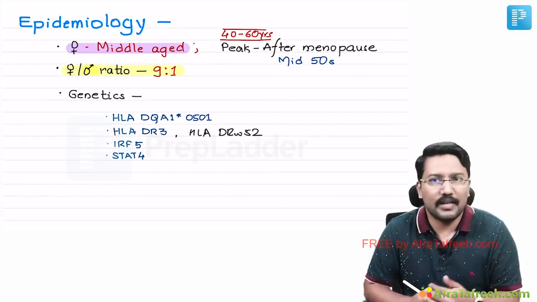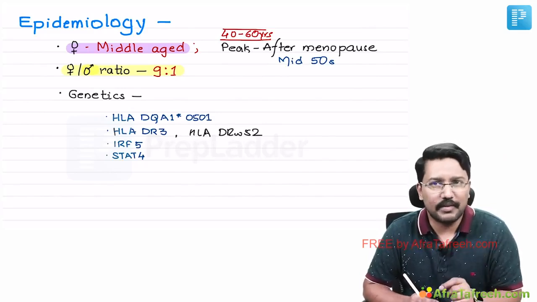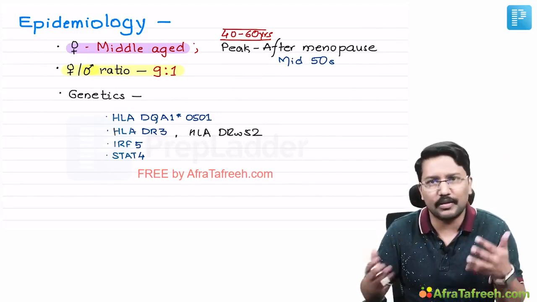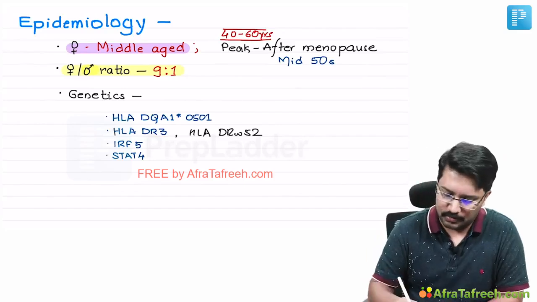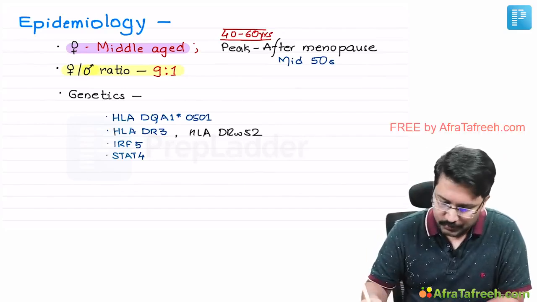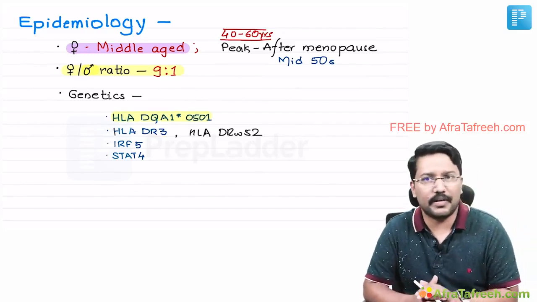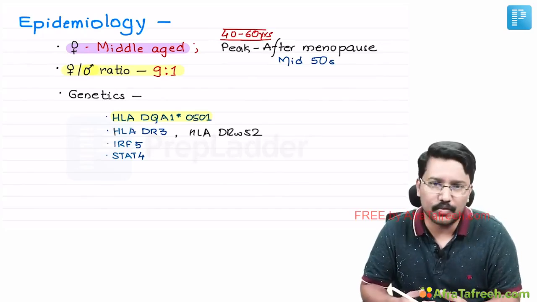If you look at the genetic factors associated with increased risk, we should remember certain HLA variants. Obviously, we're talking about an autoimmune disorder, so we have to remember certain HLA variants and non-HLA genes associated with high risk. HLA-DQA1-0501 is one HLA variant that Harrison specifically mentions, so remember the exact numbers.